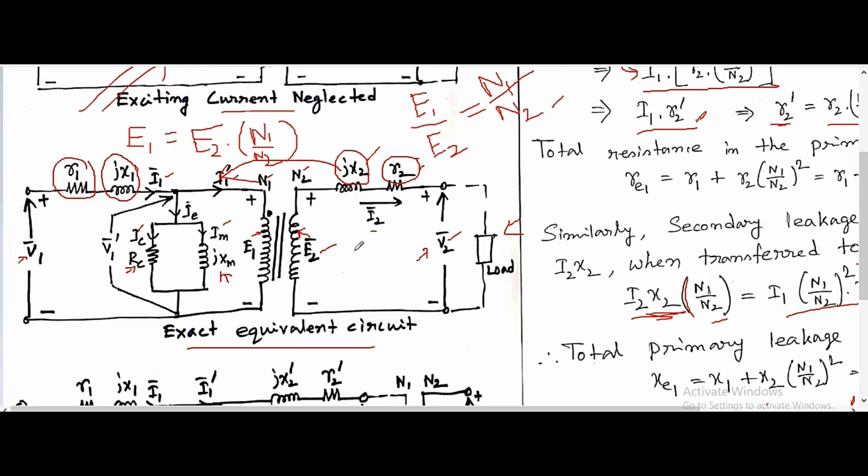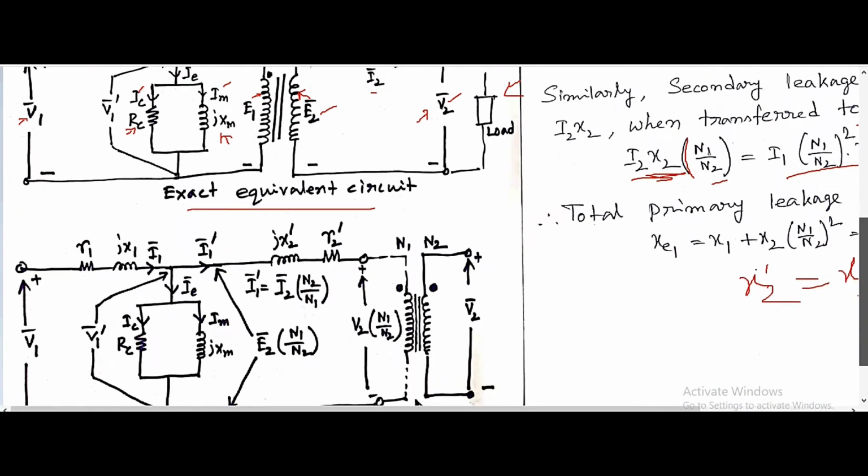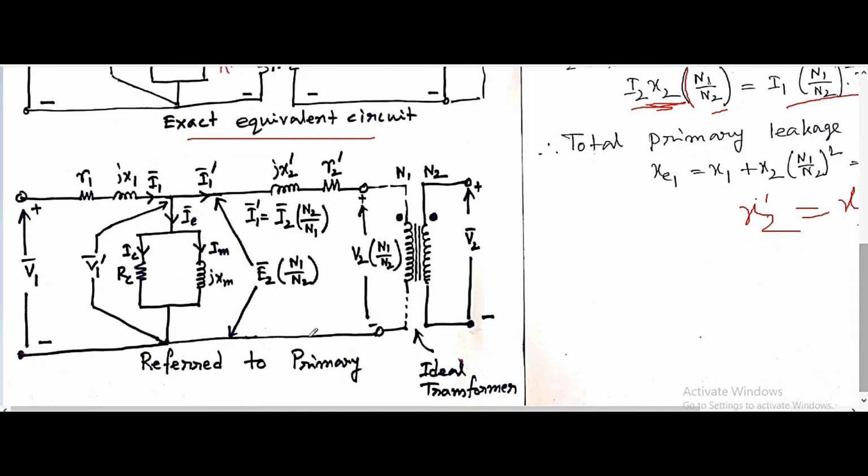So again, what we need to do is multiply with the turns ratio. So coming to the point, if you see here, this is the circuit where the secondary quantity is transferred to the primary. Now the new value we are getting is R2 dash.